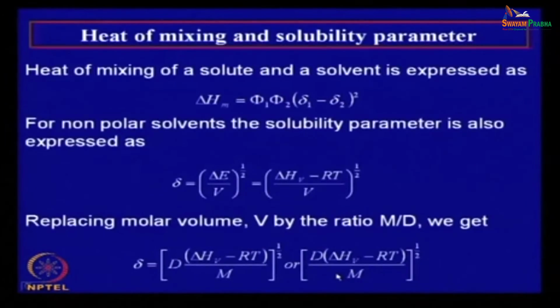Now, since this solubility parameter delta relates with the heat of vaporization, if you correlate this with the intermolecular interactions between the solvent and the solute or even the solvent, during the evaporation or during the boiling of solvent, what happens?